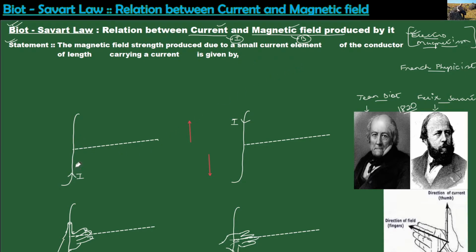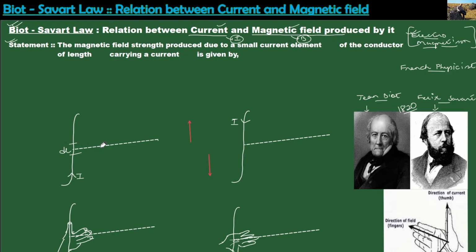Now, if I have this wire carrying a current I, I can consider many elements across the wire. Suppose over here I consider this part of the wire, and let dl be that length of the wire.